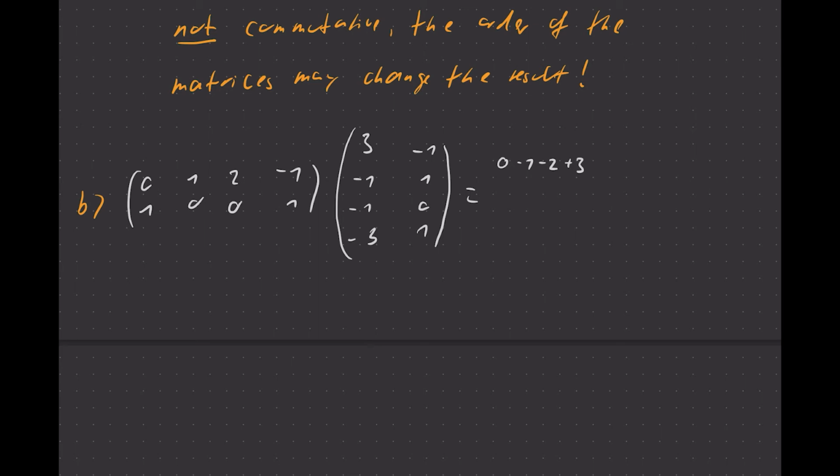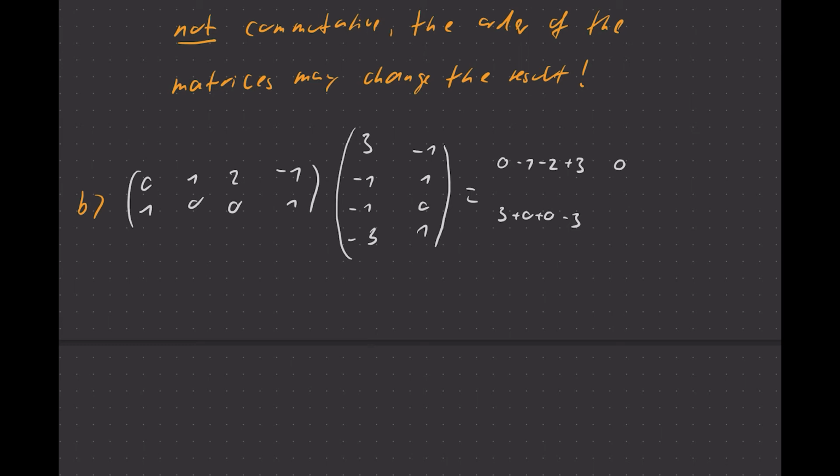Then let's do the second row here and the first column here. That yields 3 plus 0 plus 0 minus 3. Let's go for the second column. We'll start with first row, second column.